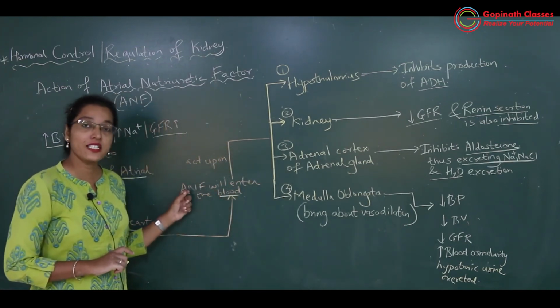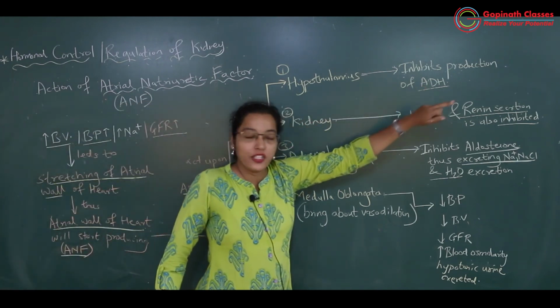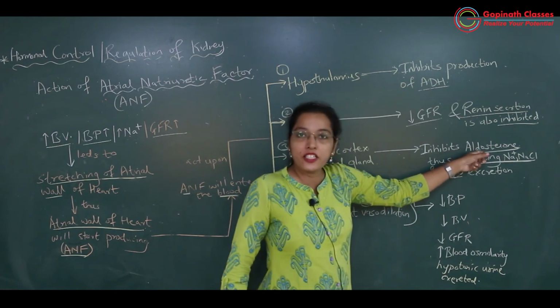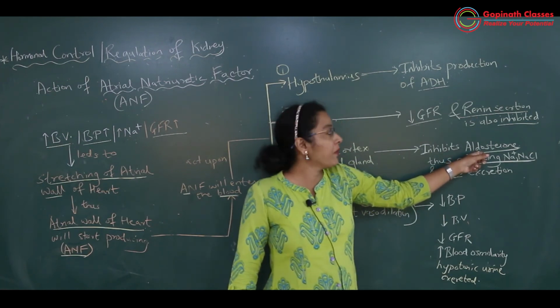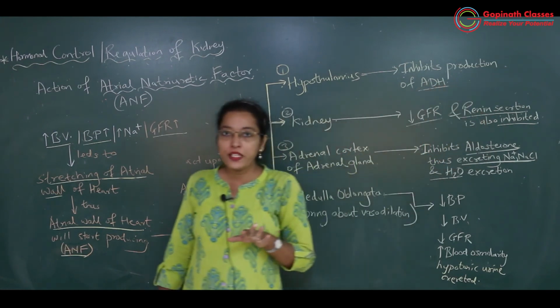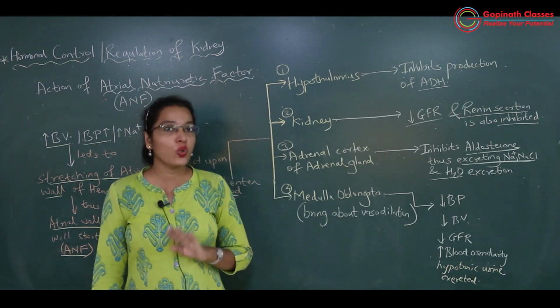So, ANF is antagonistic to not only ADH, it is antagonistic to renin as well as it is antagonistic to aldosterone, because aldosterone, renin and ADH ये तीनों भी क्या करते हैं, they are involved in vasoconstriction.